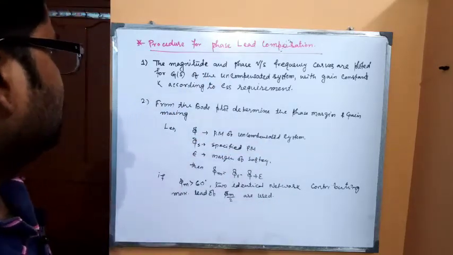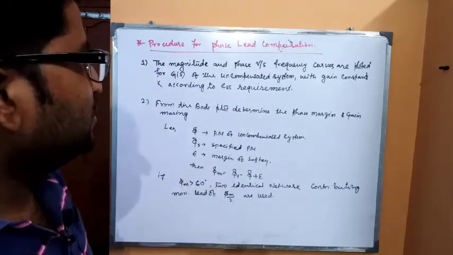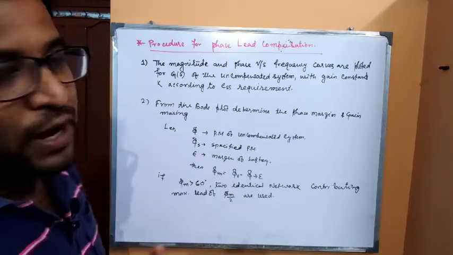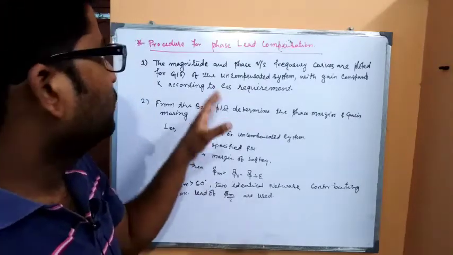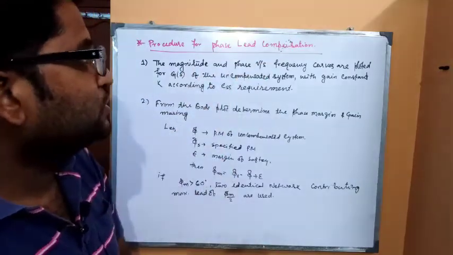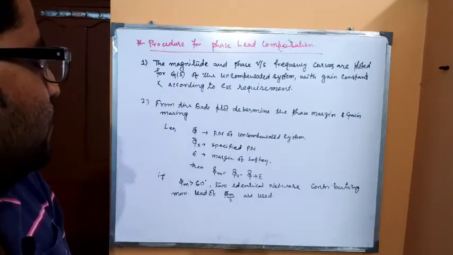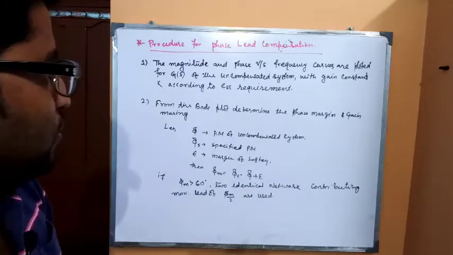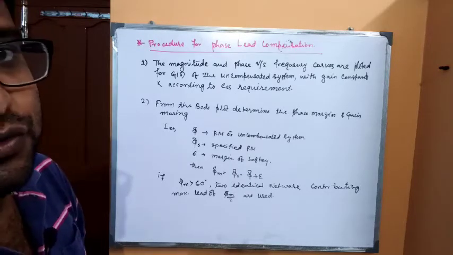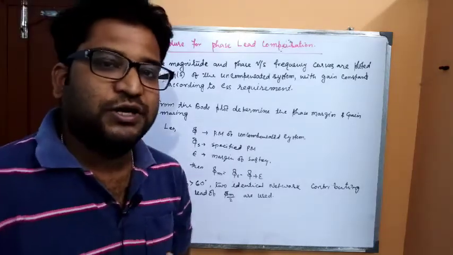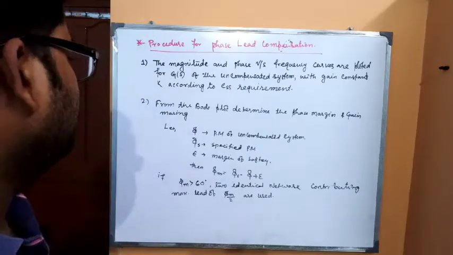So in the procedure for the phase lead compensation, the first step is that we have to draw the similar type of plot for magnitude and phase versus frequency curve, where the gain constant K should be considered according to the steady state error requirement.